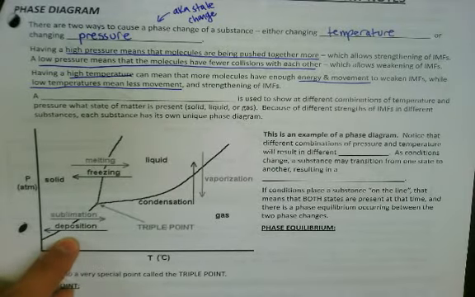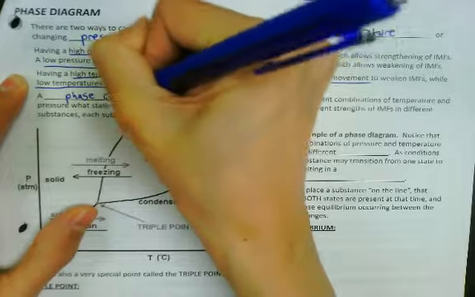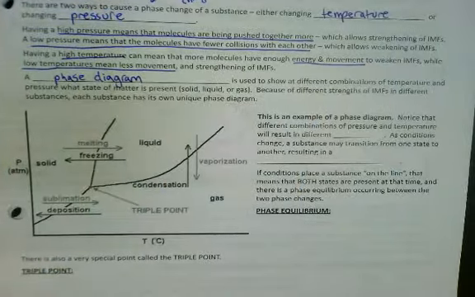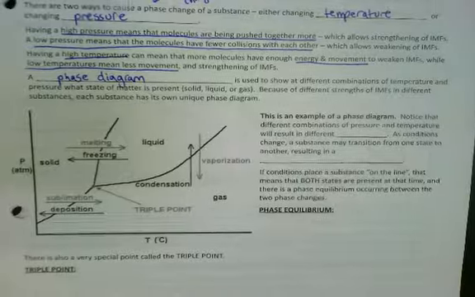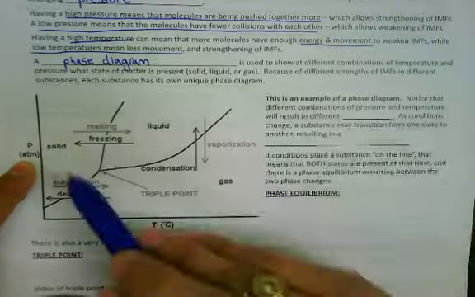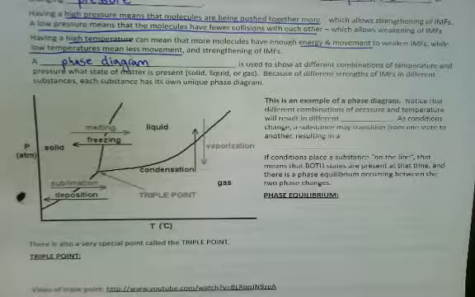So we can use this phase diagram that you see down here. This is just a generic phase diagram, by the way, not for any one specific substance. A phase diagram is a diagram that shows the different combinations of temperature and pressure that would result in a state of a substance, okay?